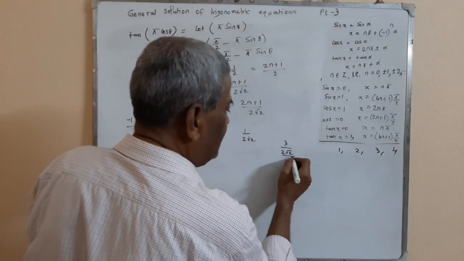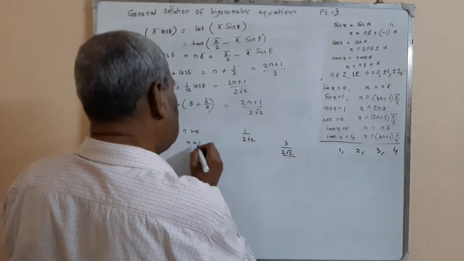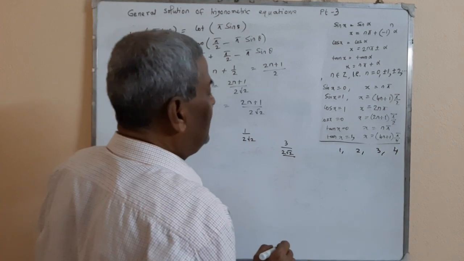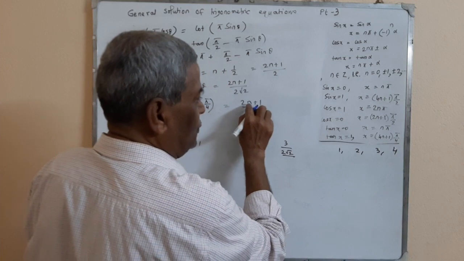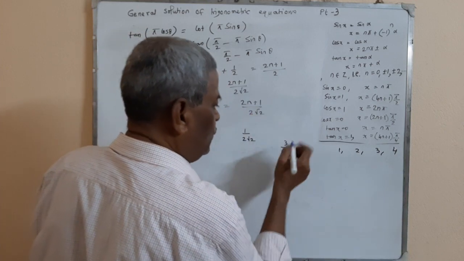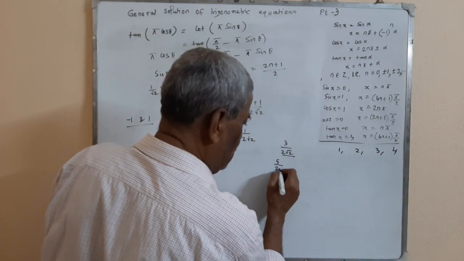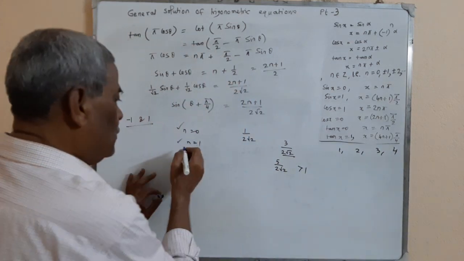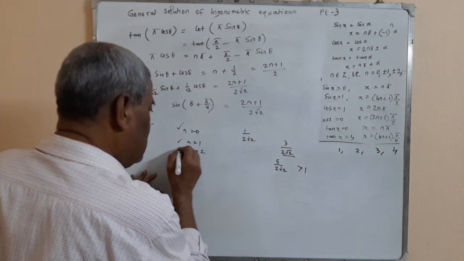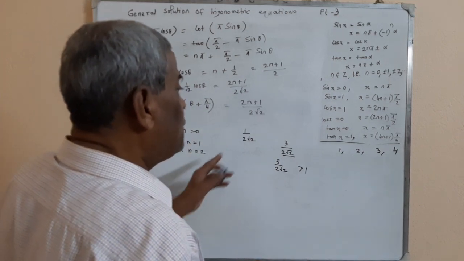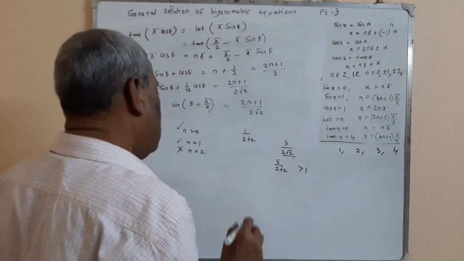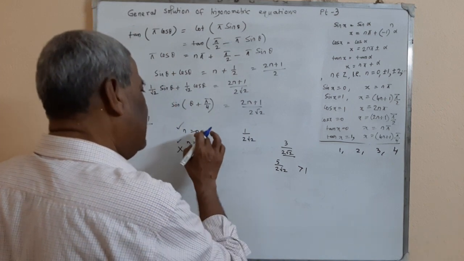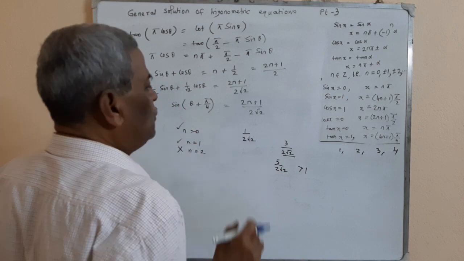So n is equal to 1, another admissible value. Now take n is equal to 2, this is 5 by 2 root 2, it is greater than 1. So this is not possible. So n is equal to 2 is not admissible. No need of taking n is equal to 3, 4, etc. So we get n is equal to 0 and n is equal to 1.